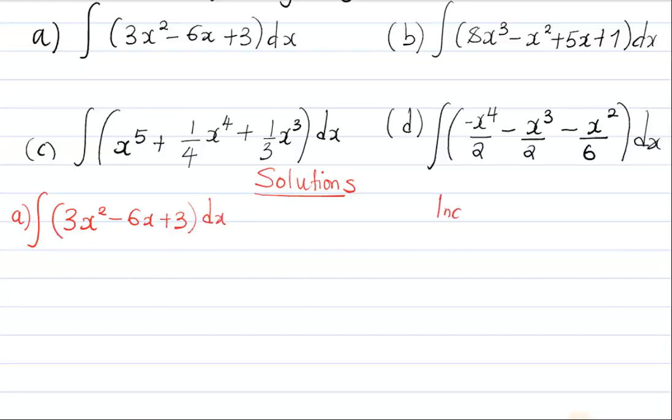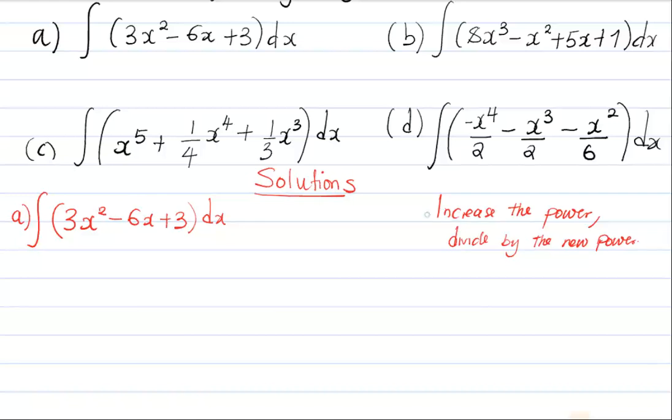So always increase the power. Now, as you increase the power, then divide by the new power, the same one that you've increased. That's what we call integration. The power that we're talking about is the one on the variables.